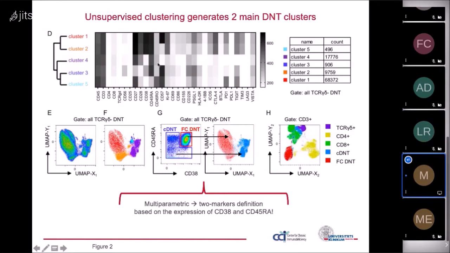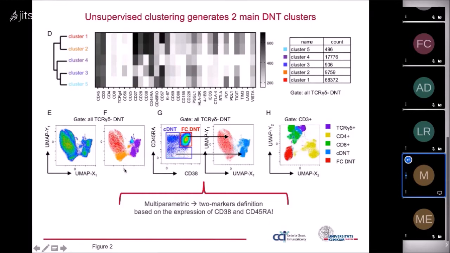And to visualize the relationships between these clusters, we used another approach, which is called UMAP. And this also generated two main populations, here 1 and 2. And it was also nice to see that when we projected the 5 clusters found by FlowSOM to the UMAP plot, they were matching very nicely.